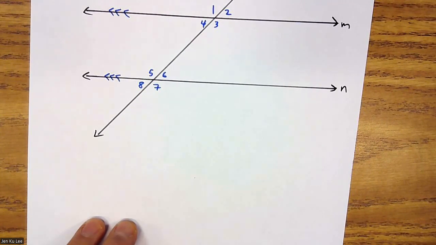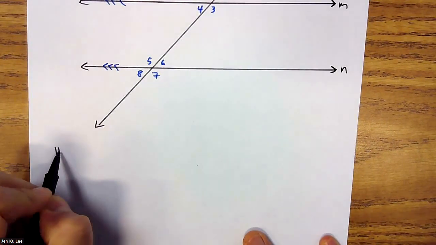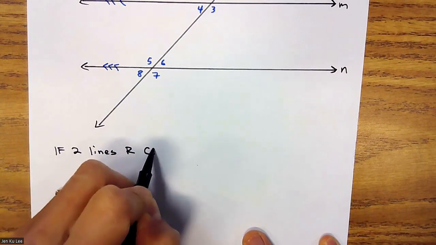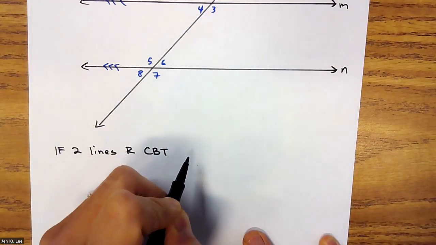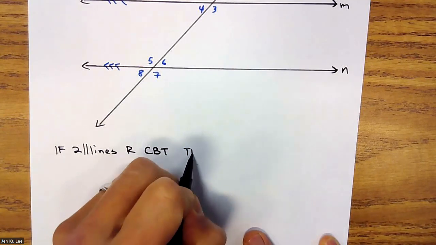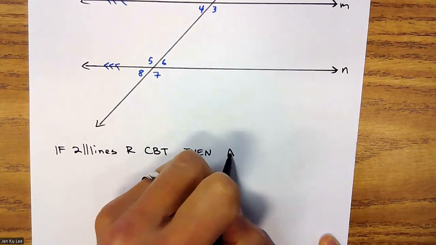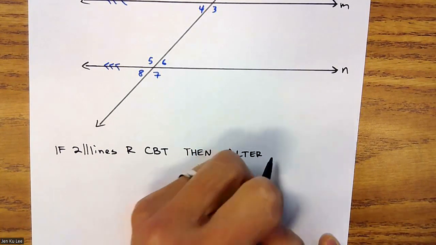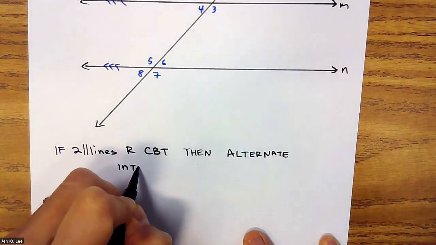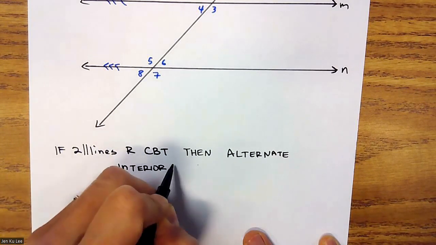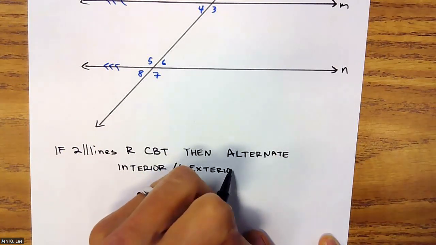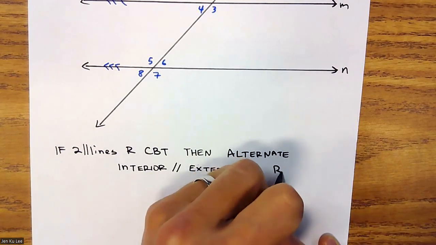The next rule we have is, if two parallel lines are CBT, then alternate interior and exterior angles are congruent.